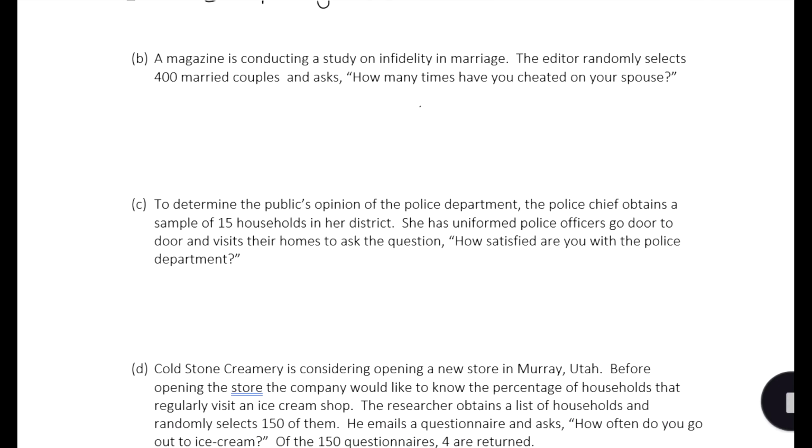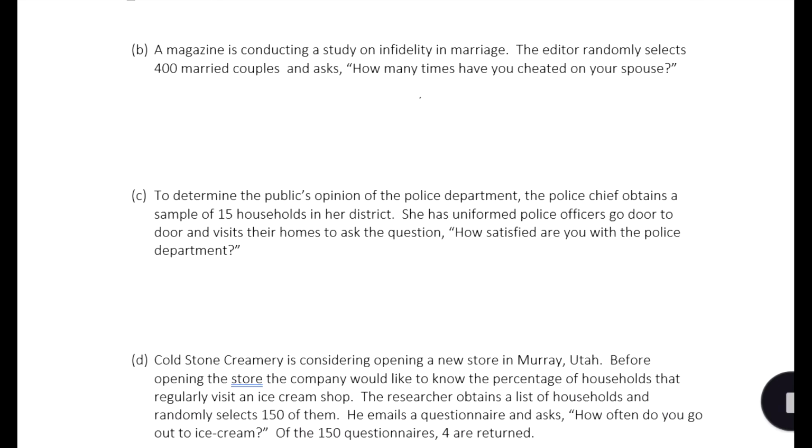Okay. The next question: a magazine is conducting a study on infidelity in marriage. The editor randomly selects 400 married couples and asks, how many times have you cheated on your spouse? So here, you want to ask yourself: do you think this question would get honest responses?